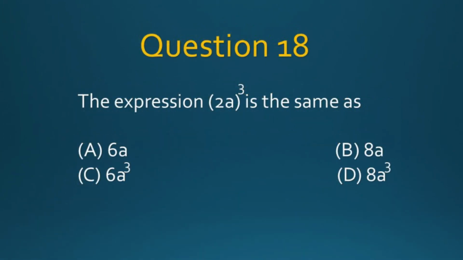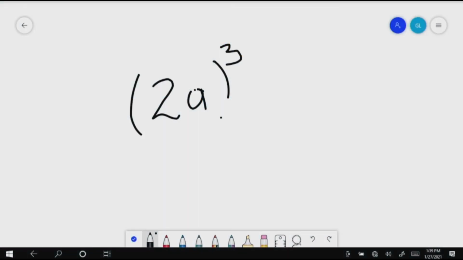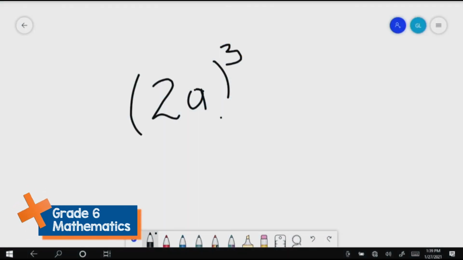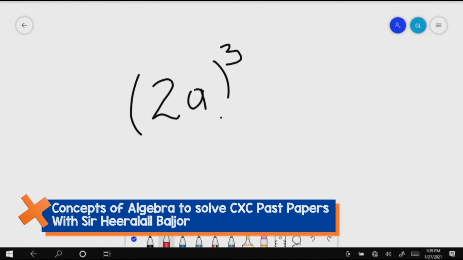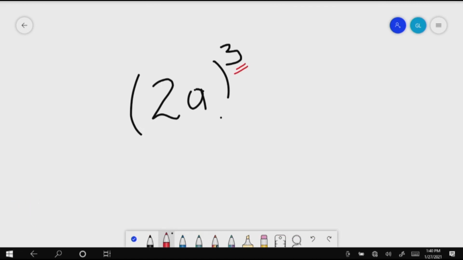This question involves laws of indices, and it reads: the expression (2a) cubed is the same as (2a) cubed. What they mean here is that every quantity in the bracket is raised to this index, meaning this is 2 raised to the 3rd power times a raised to the 3rd power.